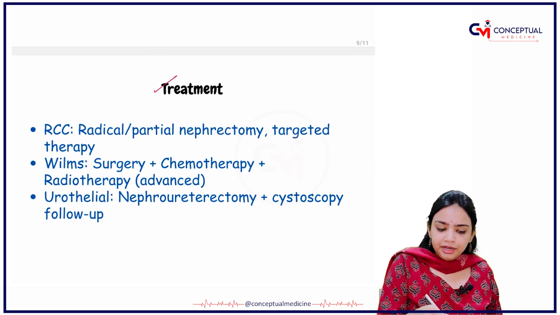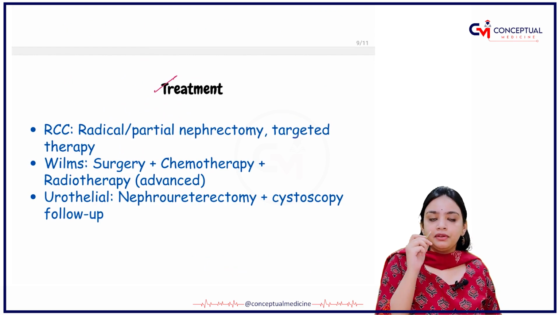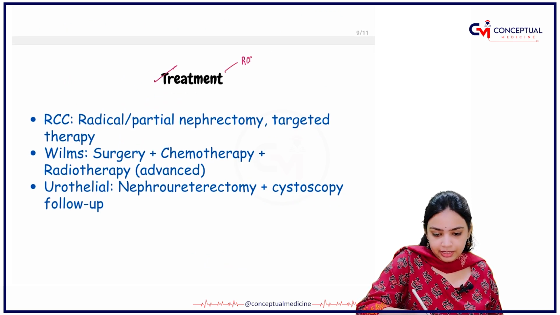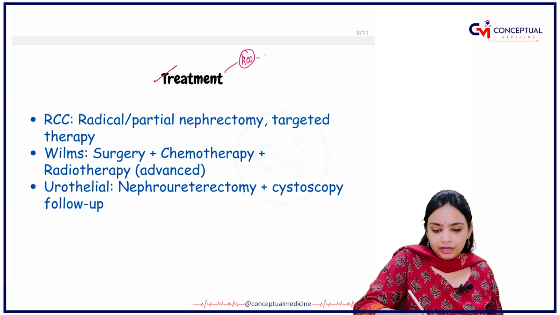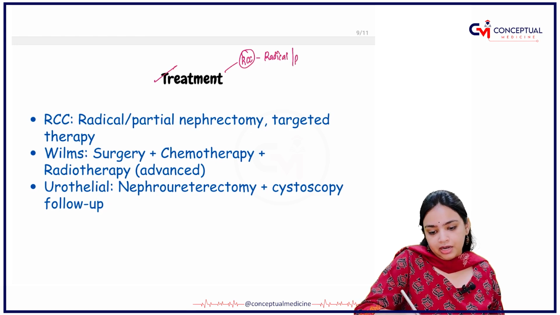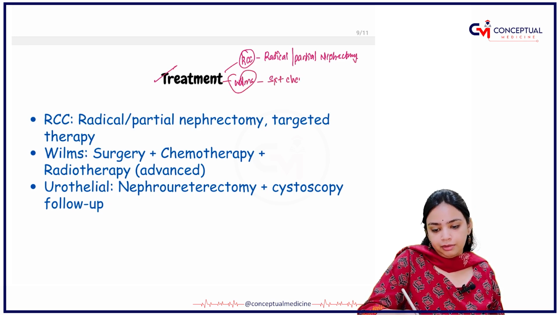Next, what is the treatment that you can give? The treatment depends on the type that we are dealing with. If the type is RCC, we will give the radical or partial nephrectomy. If we are dealing with the Wilms, then we will offer the surgery plus chemotherapy.